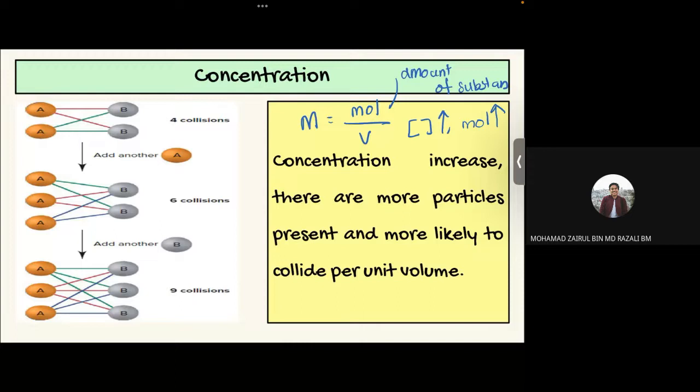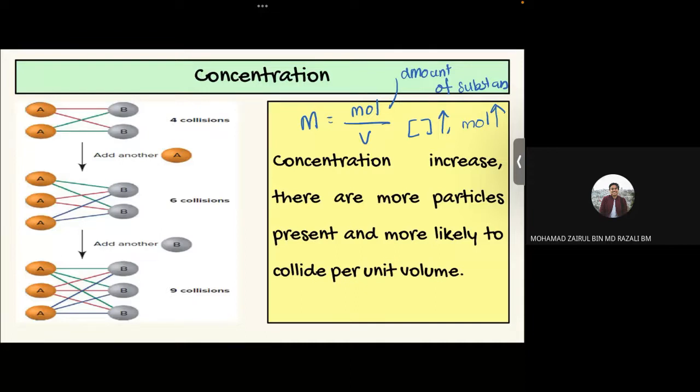Maknanya amount of substance dalam solution itu akan lagi banyak. Lagi banyak partikel, lagi banyaklah collision boleh berlaku. So, the greater the number of the collision, that means the greater number of the effective collision. So that's why higher concentration normally will result in an increased rate of reaction.